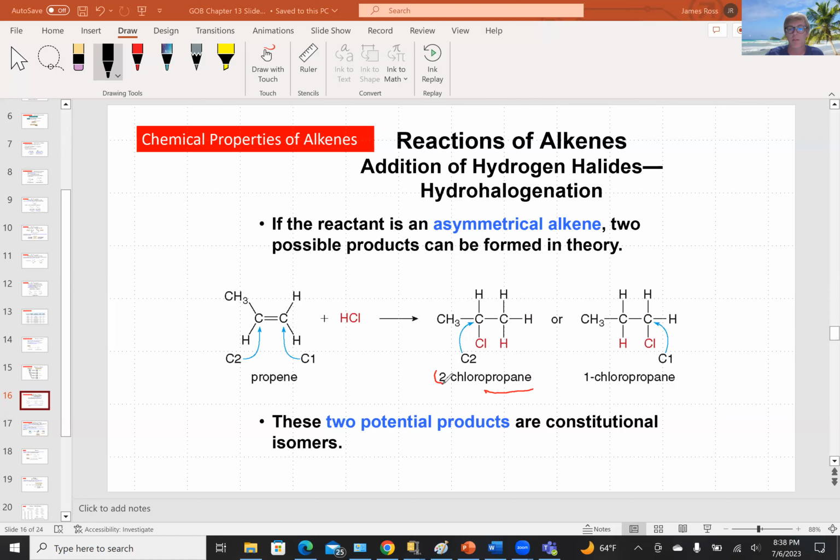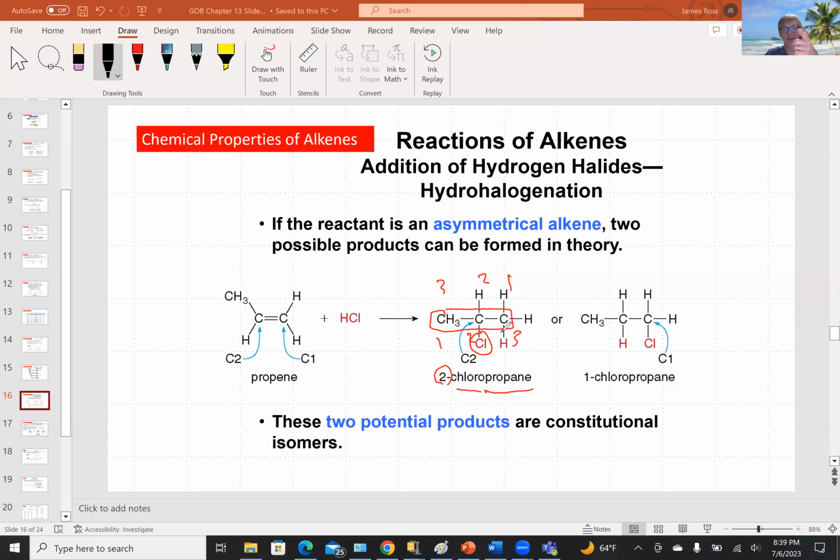And on carbon 2, I have a chlorine group. So here's my 3 carbons. And it doesn't matter how I label them, either carbon 1, 2, and 3, or carbon 1, 2, and 3. Either way, the middle one is carbon 2, and that's where I've got a chlorine group. So I've got chloropropane on carbon 2, 2-chloropropane.